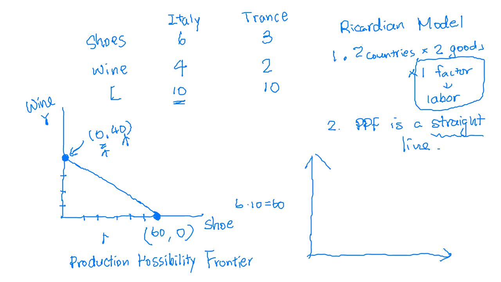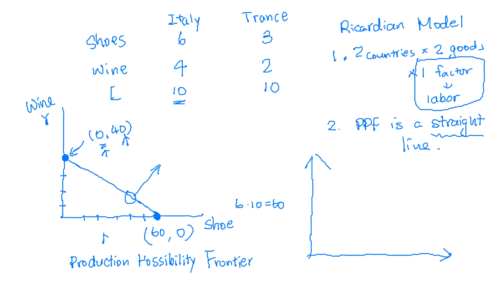What about the slope? To identify the trade pattern, we need to look at the opportunity cost of producing one good. For example, what's the opportunity cost of producing one pair of shoes in Italy in terms of wine?